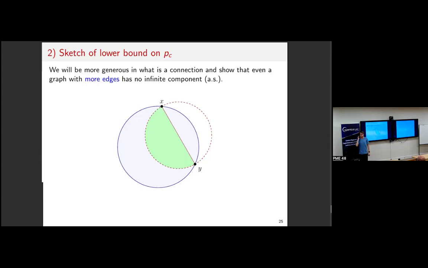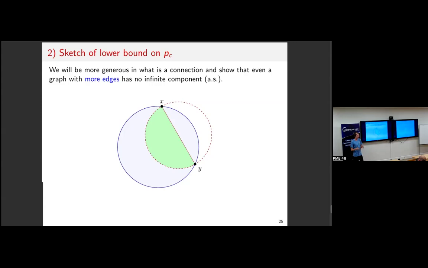So in the path, I say that a connection is there if in the Gabriel ball there exists a half space that is empty of Poisson points, because a Delaunay ball that is empty of Poisson points implies that in the Gabriel ball there has to be a half space that is empty of Poisson points. And the nice thing is that you can just look at a bounded area, and you don't have to look at the whole space. This makes a huge difference.